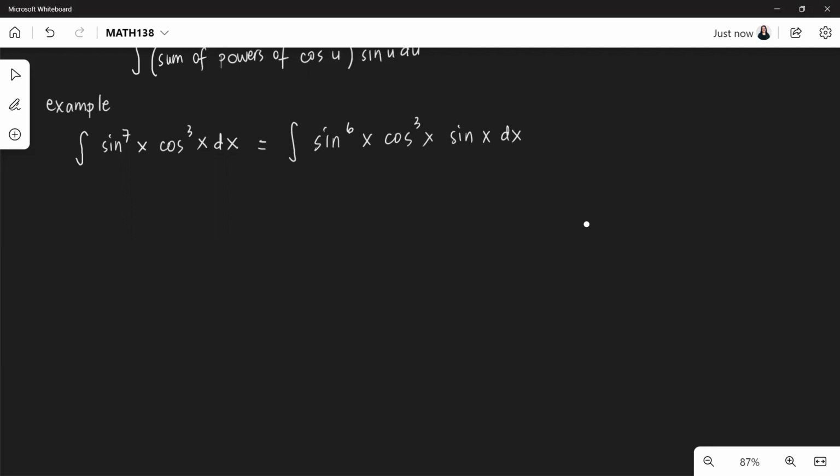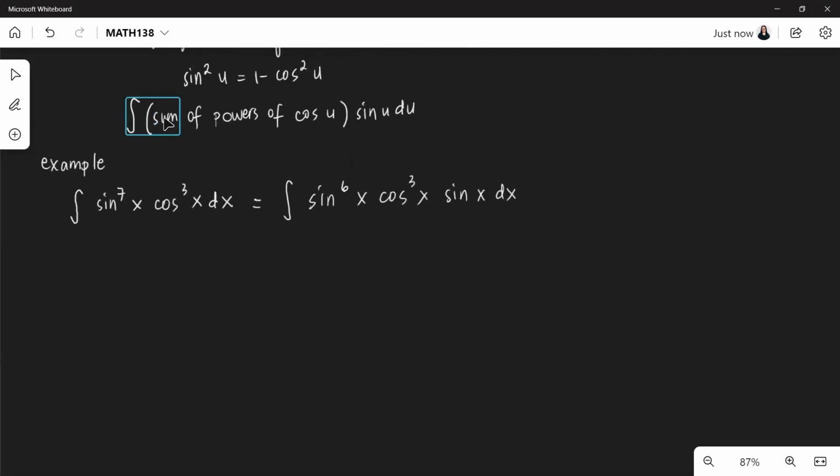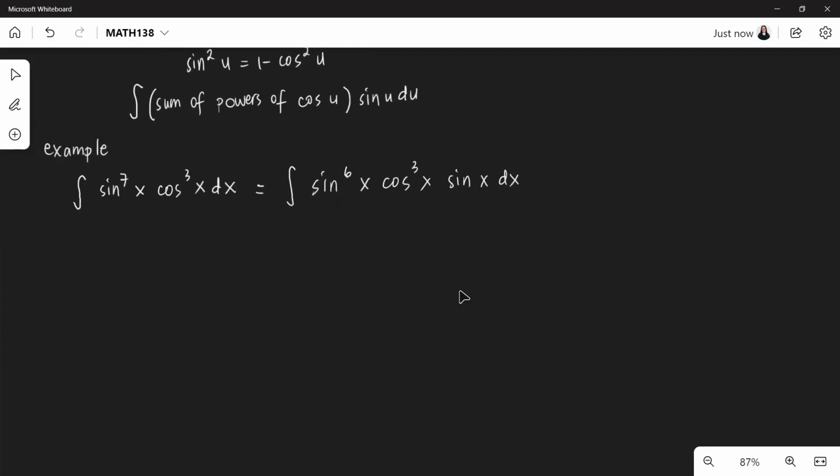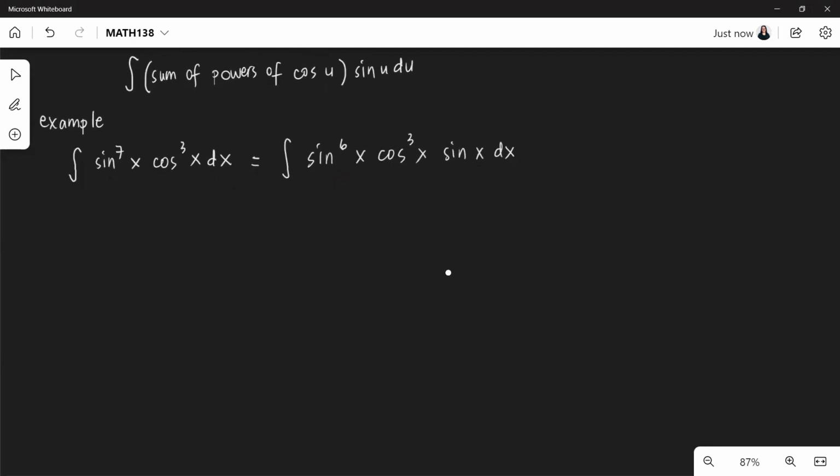The next step is to transform the remaining sine functions as a sum of powers of cosine, using this identity. We have sine raised to the power of 6, meaning that's sine squared raised to the power of 3.